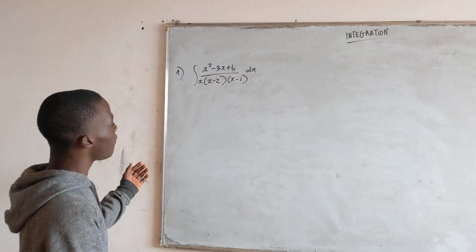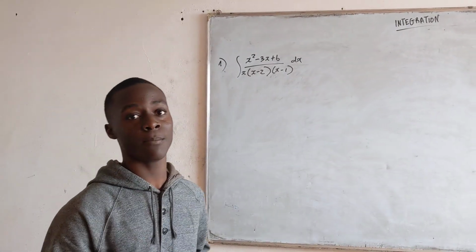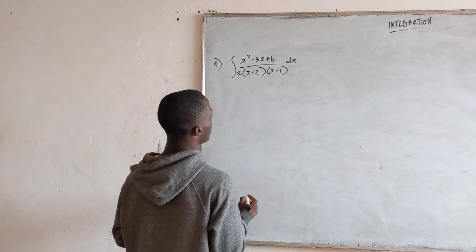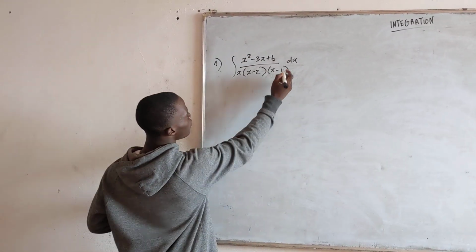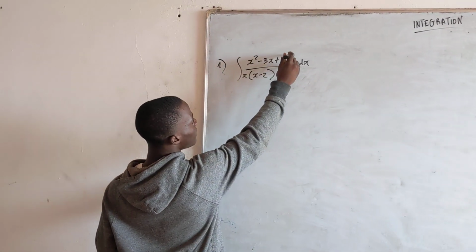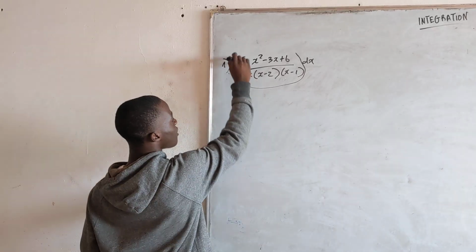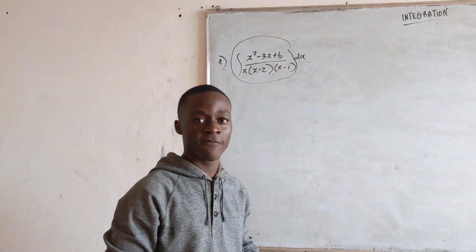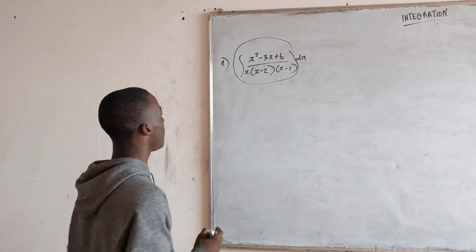First of all, to start solving any equation in math, first analyze the equation. As you can see, we are going to first convert this part into partial fraction, before integrating our answer.